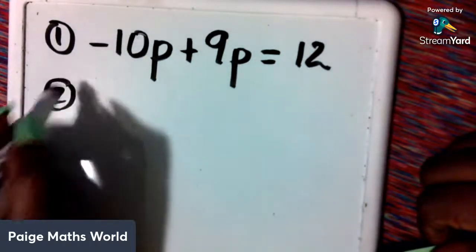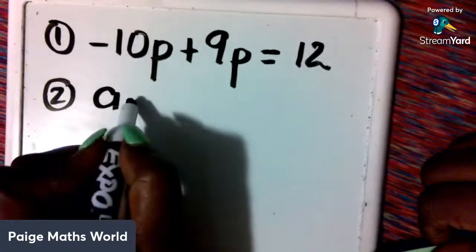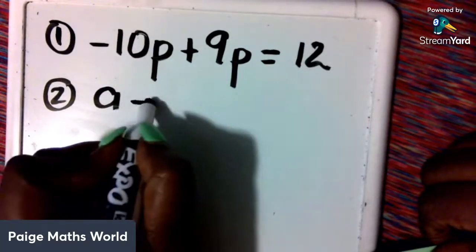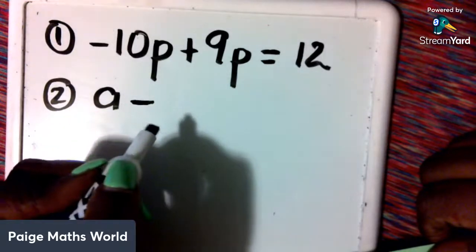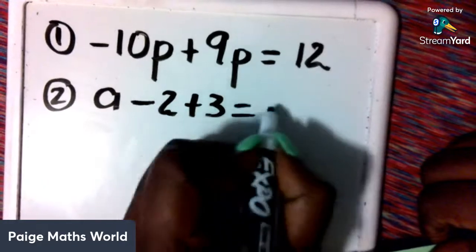And our second one is a minus 2 plus 3 is equal to negative 2.